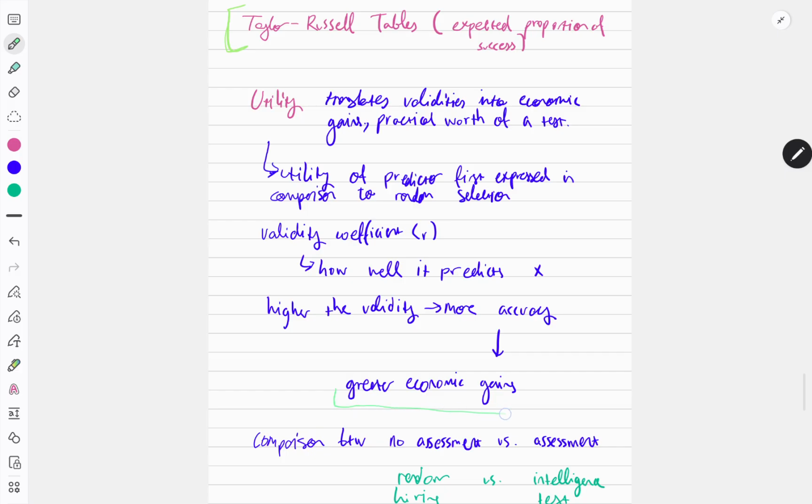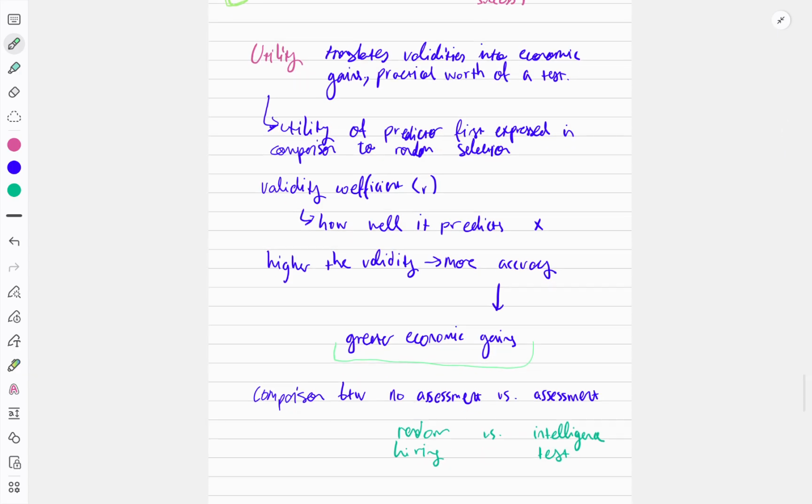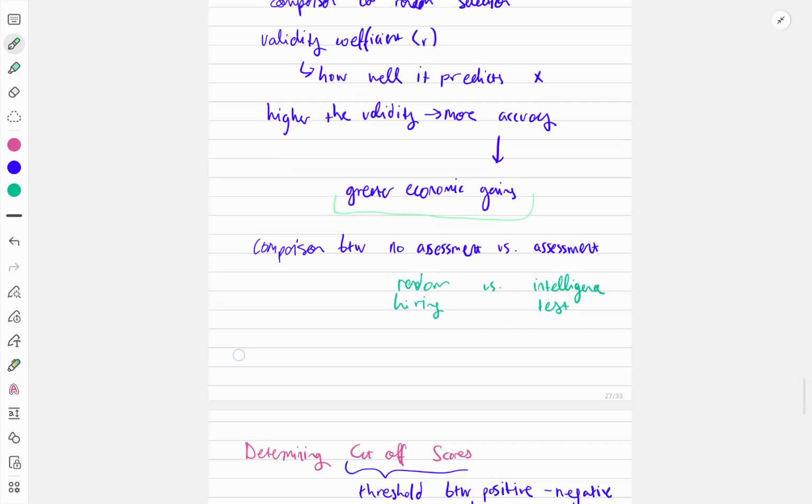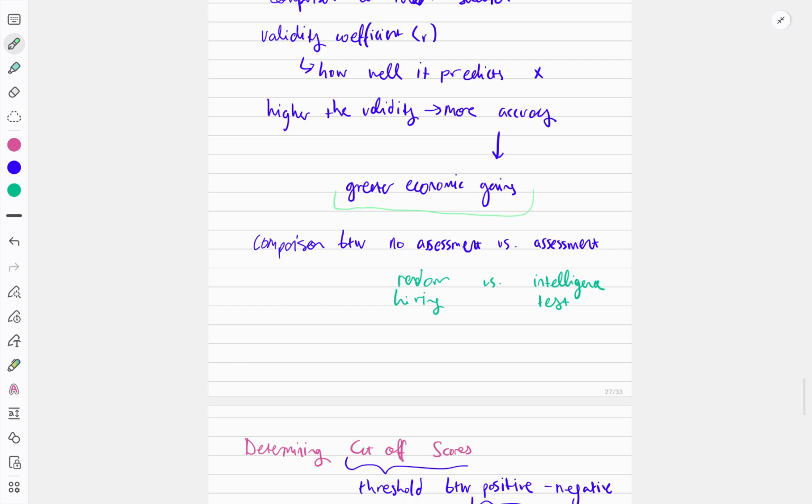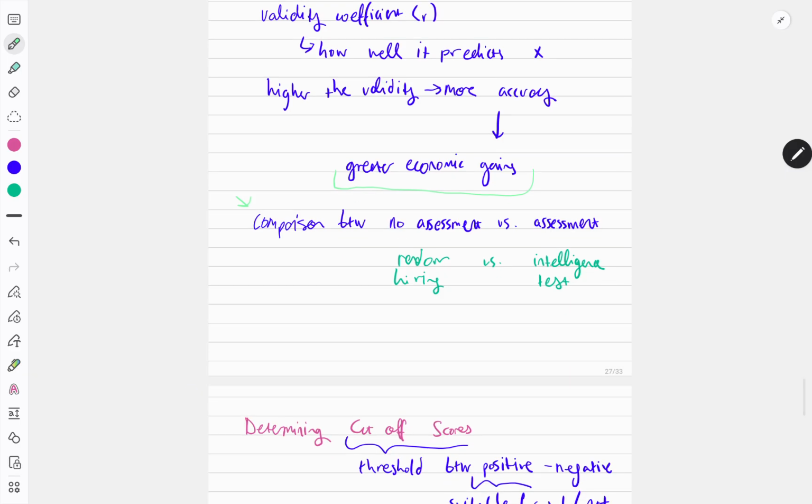For example, in the hiring example, we are hiring the correct people, so we are not wasting our money. We are making greater economic gains. And yeah, we can compare if we did no assessment versus assessment, is it making us gain money or lose money?